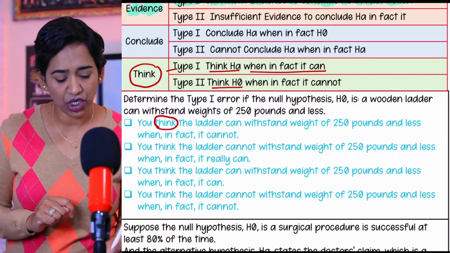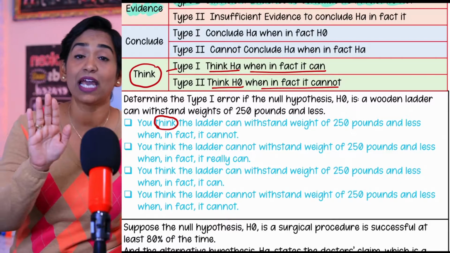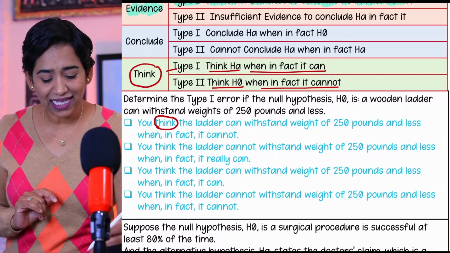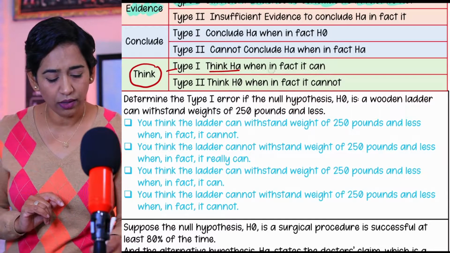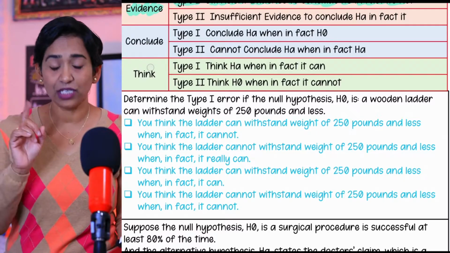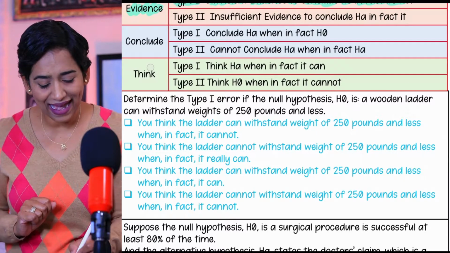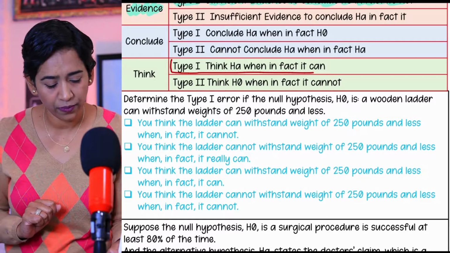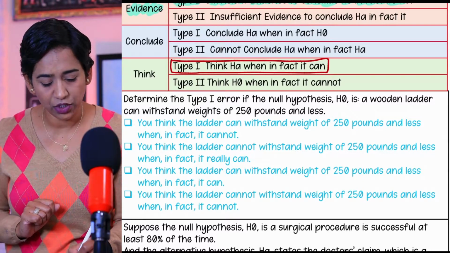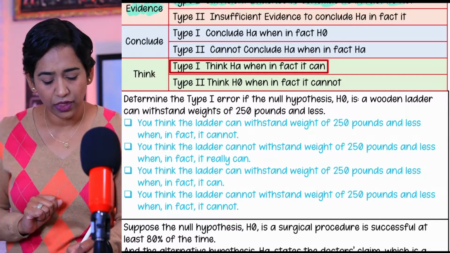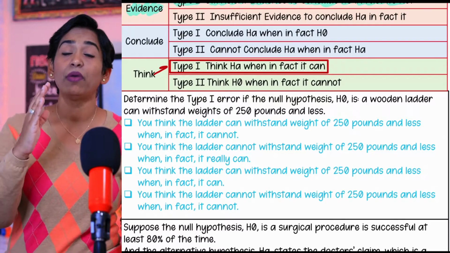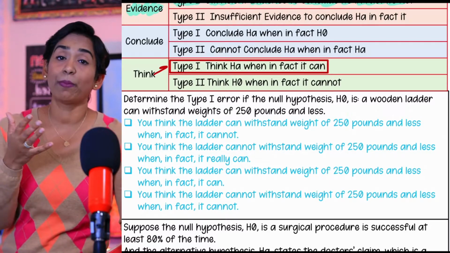You think H naught when in fact it cannot. Type 1 and type 2. But because they're asking me for type 1, I only look at this particular column, because the verbiage is think and I'm trying to talk about type 1 error.